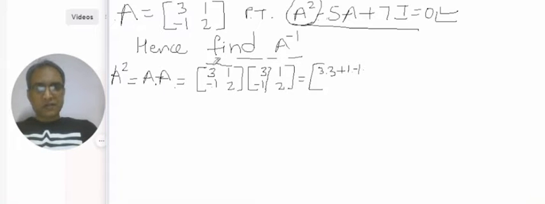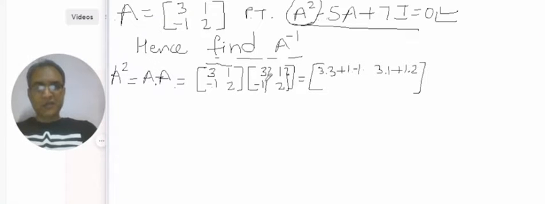Now first row into the second column. So 3 into 1 plus 1 into 2. So I have multiplied first row to first column, then first row to second column. Now let us start with the second row.